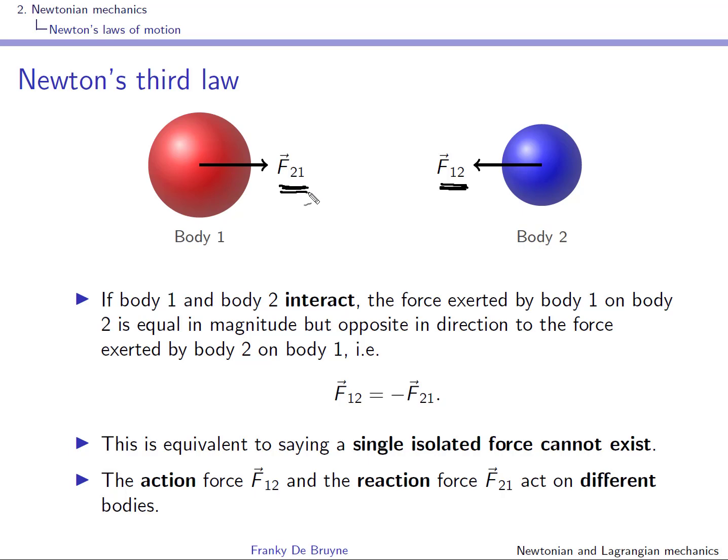And Newton's third law just says that these forces are equal in magnitude but opposite in direction. Okay, Newton's third law also says that a single isolated force cannot exist. And also note that the action force and the reaction force, as they are called, act on different bodies.